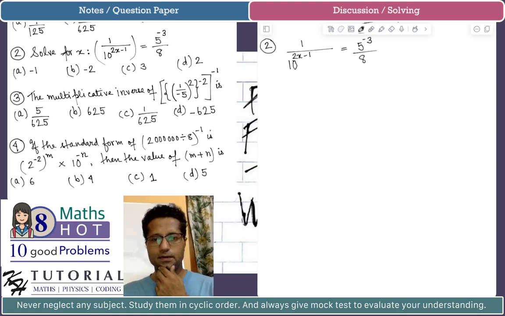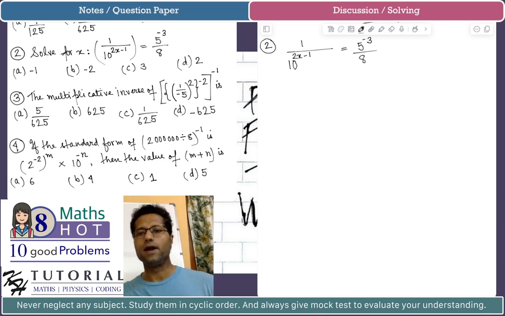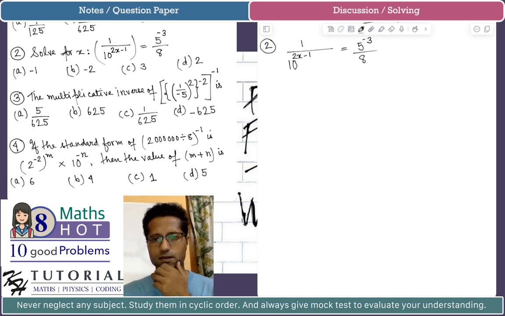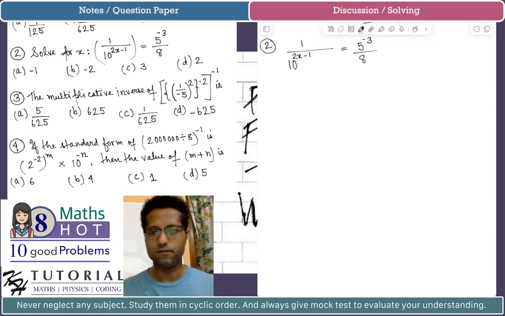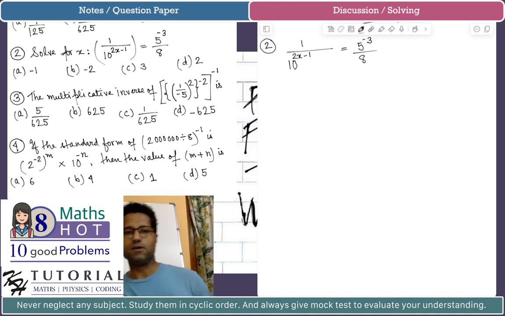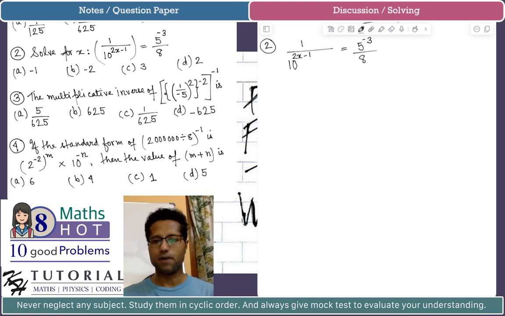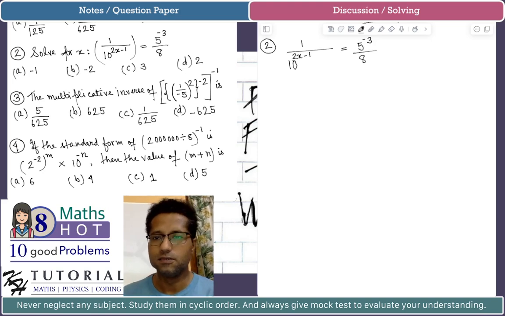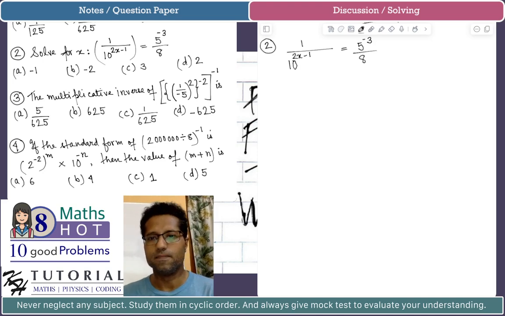Now, in this kind of problem where we have to solve for the unknown, and both the left hand side and the right hand side have some powers, exponential terms, and the unknown is in the power, then obviously we have to convert both sides into a single exponential term so that the bases are same. And since the unknown x is in the power, we will equate the powers, and from there we will solve for x. The base has to be same on both the sides.